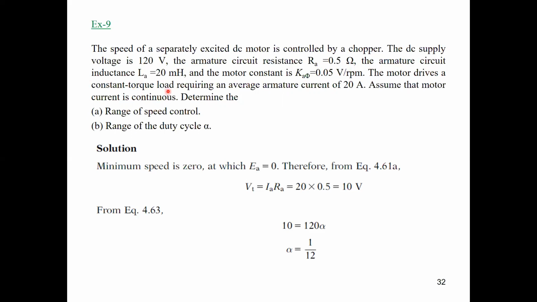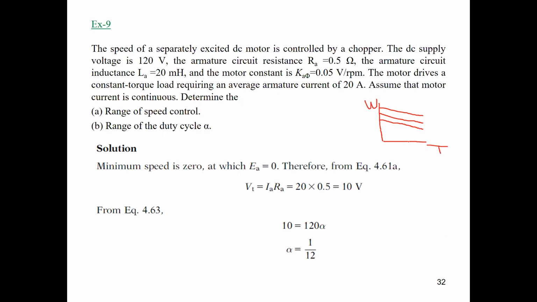So constant torque load means at any speed, if we draw the characteristic of the machine, if we have many characteristics like that at different voltage values, this is speed and this is torque.